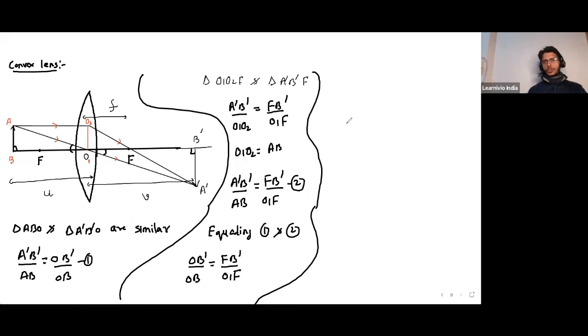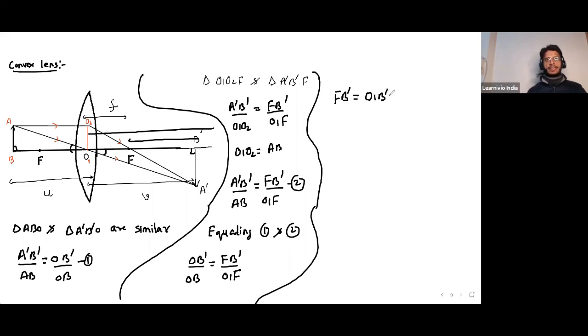Now, all distances should be from the optical center. See, this OB prime is from the optical center. OB prime is basically your image distance. OB is from the optical center, but this FB prime is not from your optical center. So I can simply write this FB prime as O1B prime minus O1F.